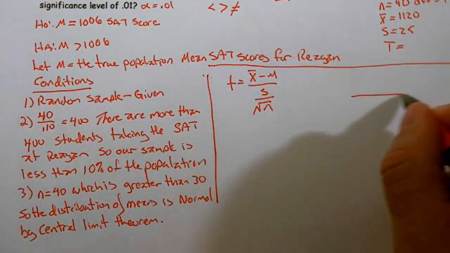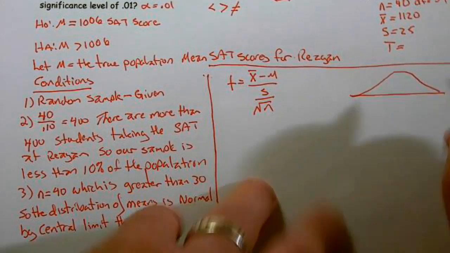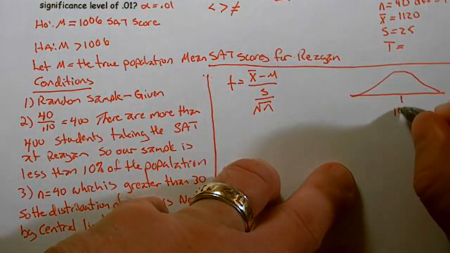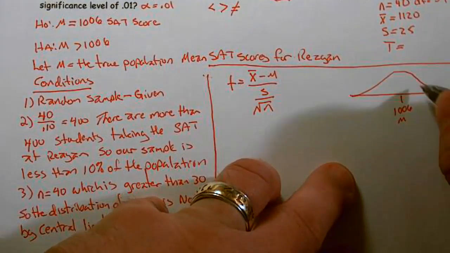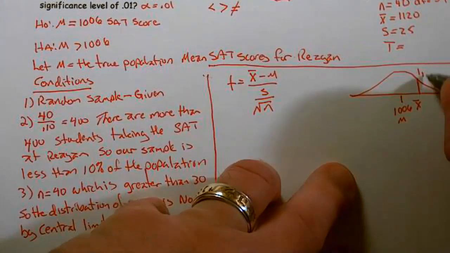So our graph is going to look something like this, where we have a population mean of 1006, and that's mu, but we found an x bar, which is above it, which is 1120.